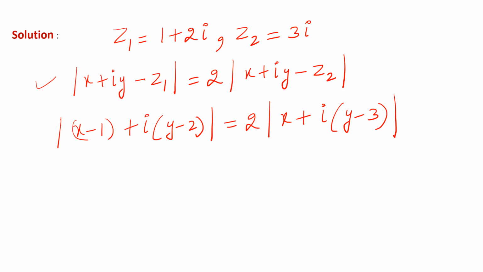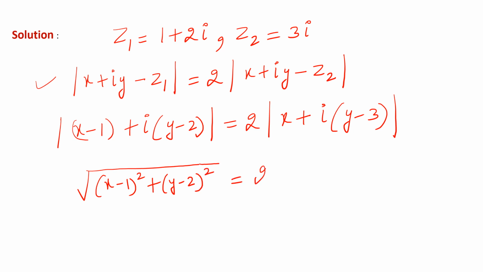Now students, we know that mod of a plus iota b is equal to square root of a square plus b square. So from this formula, it becomes square root of x minus 1 whole square plus y minus 2 whole square on the left hand side, and on the right hand side it becomes 2 into square root of x square plus y minus 3 whole square.